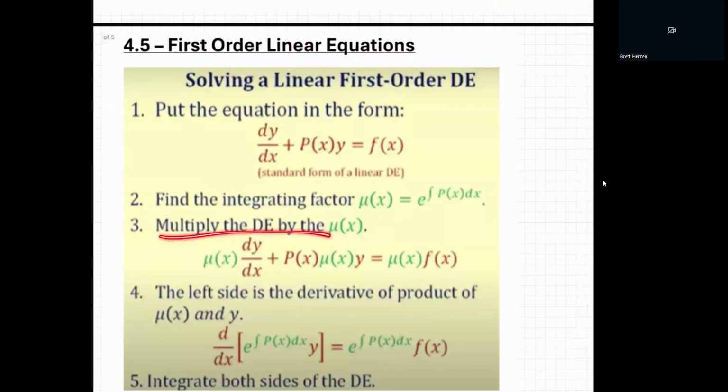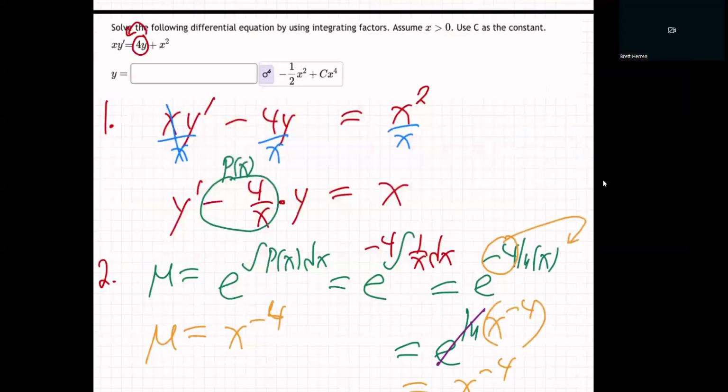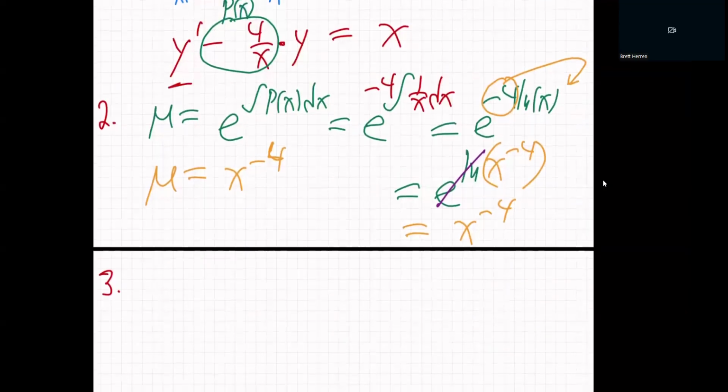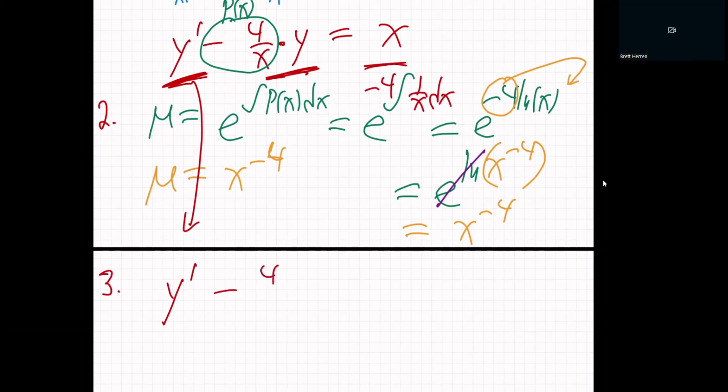Step three, multiply the differential equation by that factor, all three terms. So I'm going to bring down the differential equation, which is here, here, here. So y prime minus 4 over x y equals x.